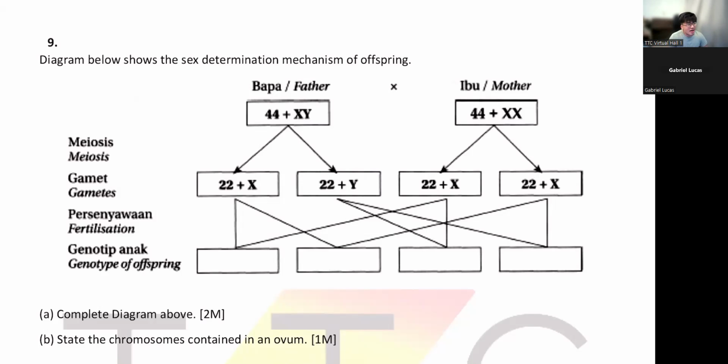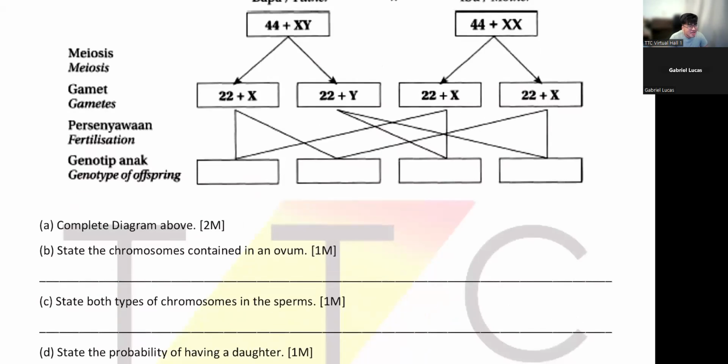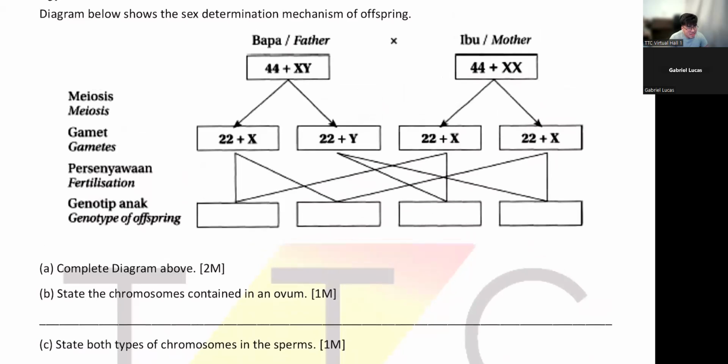Okay, guys, I'll give you the answer. So please check. Your father is XY because he's a male. Your mom is XX because she's a female. Your dad's sperm, half of it will be 22X, half of it will be 22Y. Your mom can only produce 22X because she has only X, she has no Y. So the first child will be 44 plus XX, so this is a female.